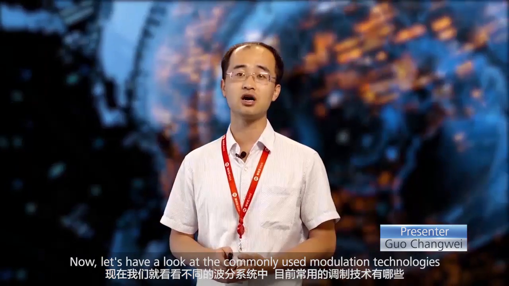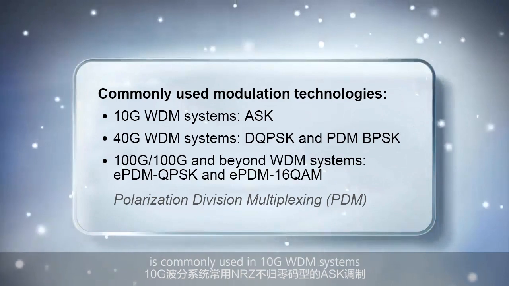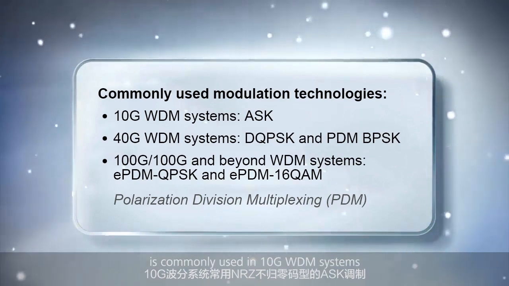Now, let's have a look at the commonly used modulation technologies in different WDM systems. Non-return to zero coded ASK modulation is commonly used in 10G WDM systems.